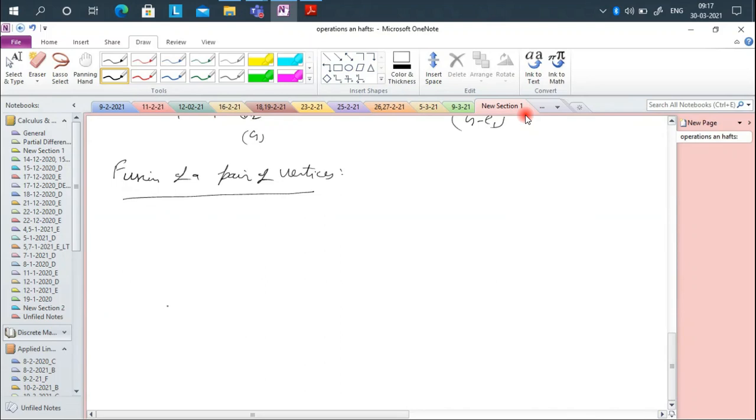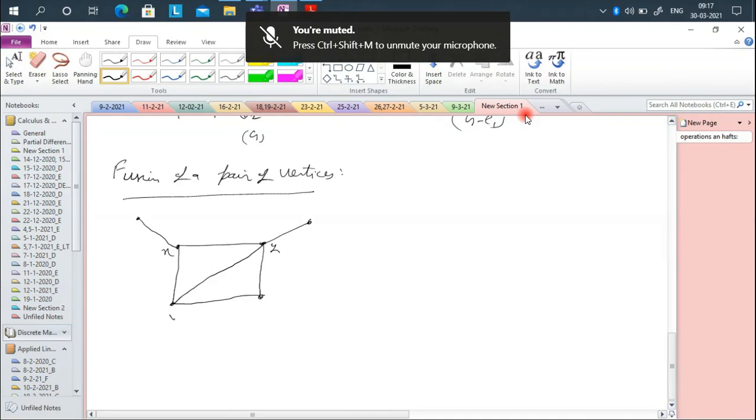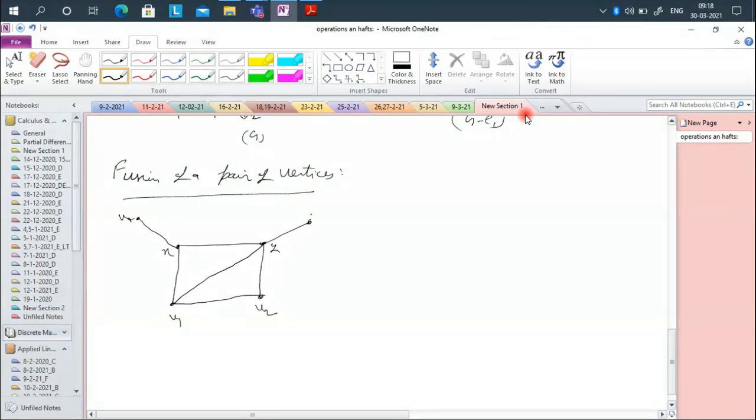So see, here we have a graph. Suppose this is a graph with vertices x, y, v1, v2, v4, v5 and v3.